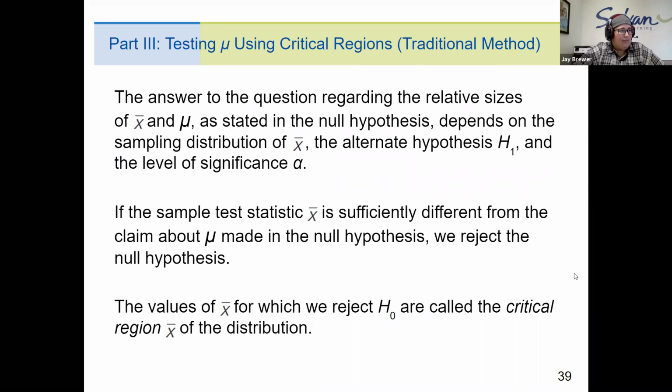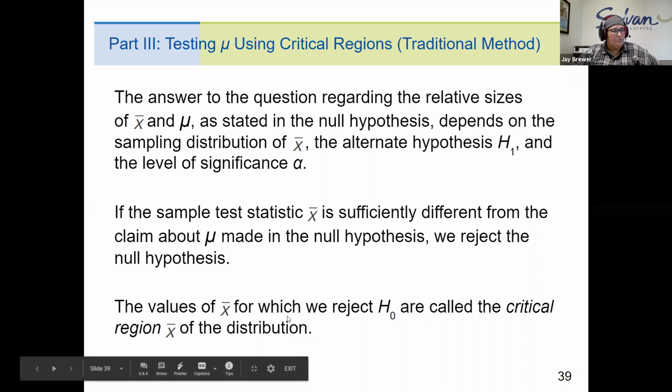All right. The answer to the question regarding the relative size of x bar and mu, as stated in the null hypothesis, depends on the sampling distribution of x bar, the alternate hypothesis H sub 1, and the level of significance alpha. If the sample statistic x bar is sufficiently different from the claim about mu made in the null hypothesis, we reject the null hypothesis.